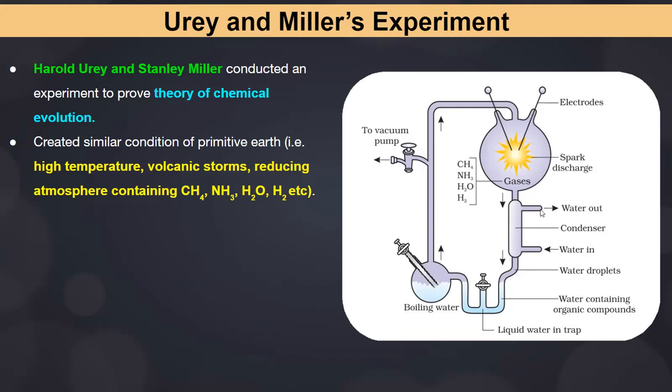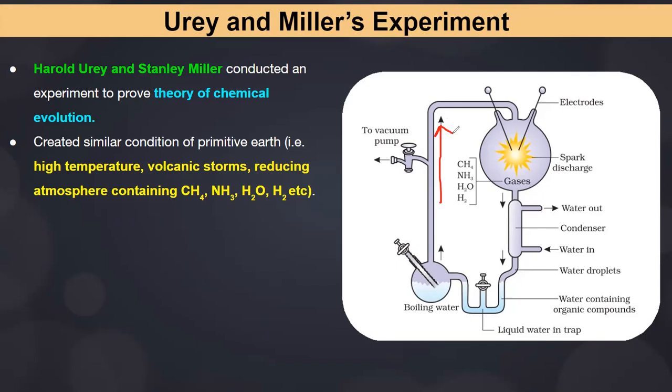Then, after they introduced these gases and water, they started to boil the water at a very low temperature, slowly and gradually. When you boil the water, what happens? Slowly and gradually, at low temperature, the water vapor started rising up. You can see the arrow also over here.